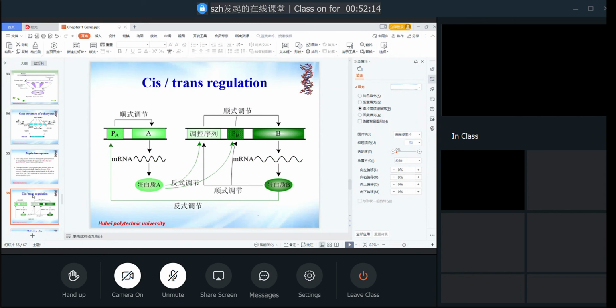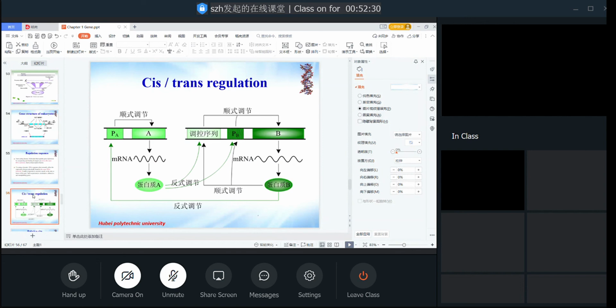For the downstream gene expression, the action element is the cis-acting element. You can see another side of the genes produces the protein.